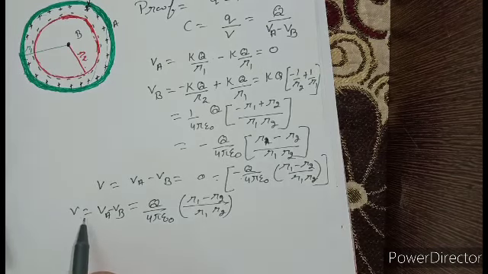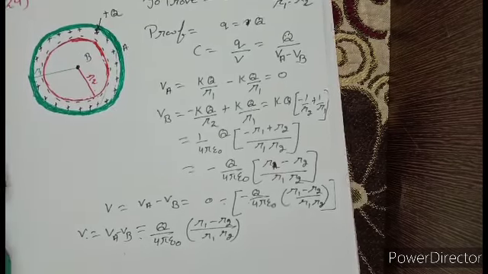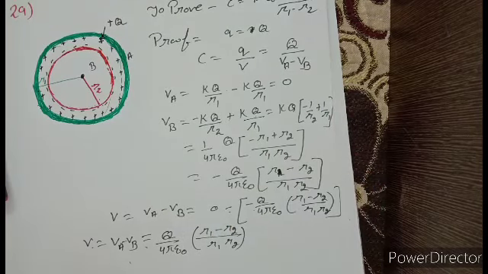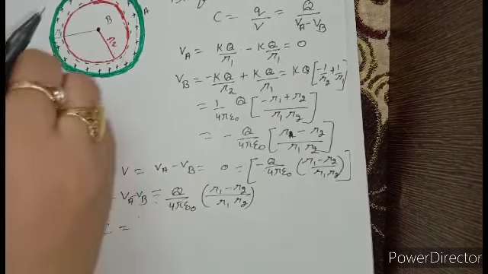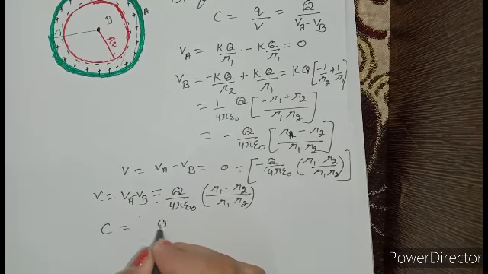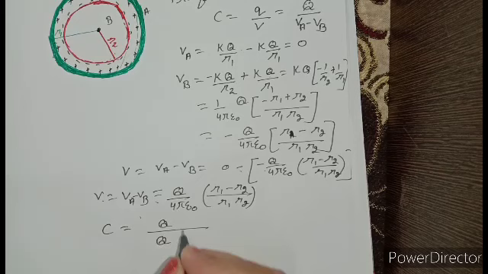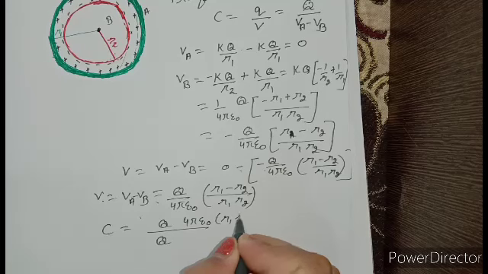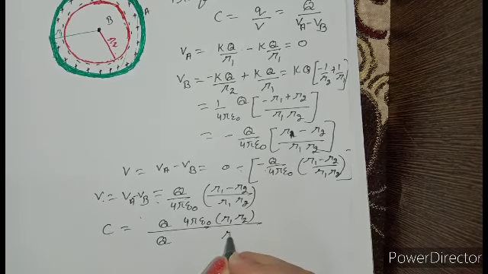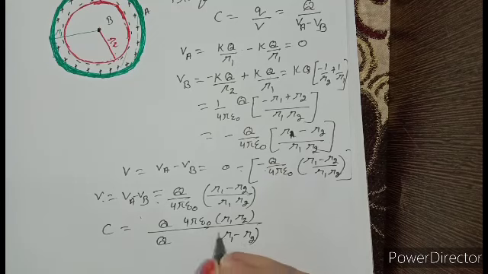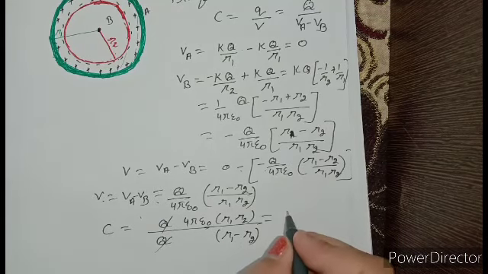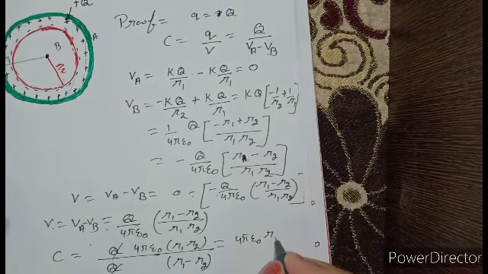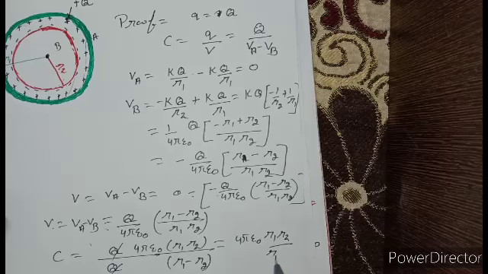Okay, this is the potential difference VA minus VB in this question, but we know that C equal to Q upon V, Q upon VA minus VB. So now C equal to Q upon Q divided by 4 pi epsilon naught, R1 minus R2 divided by R1 R2. Q and Q cancel, so this will be equal to 4 pi epsilon naught R1 R2 divided by R1 minus R2.